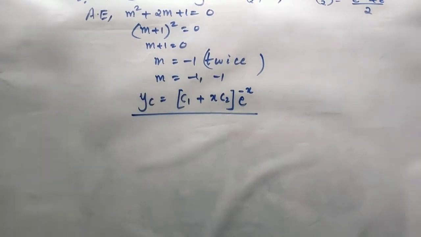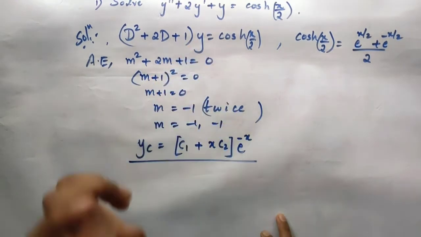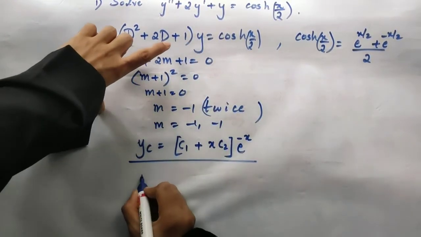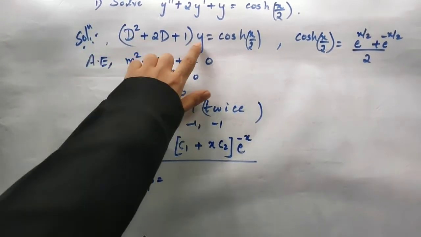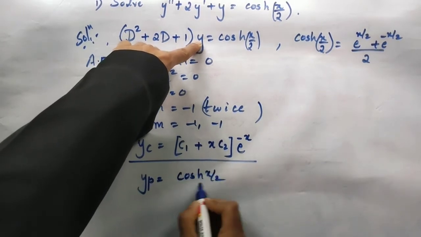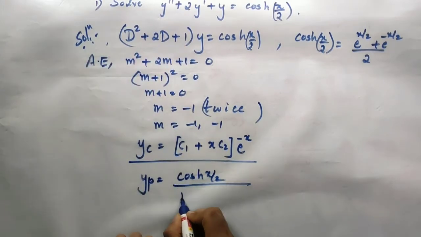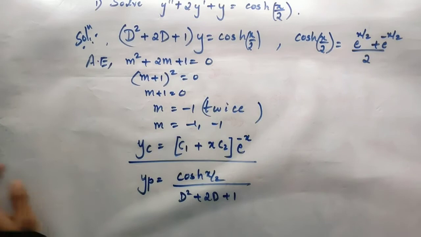To write yp, I told you a number of times, you look at this equation and separate your y from it. The particular integral yp is equal to cos hyperbolic x by 2 divided by this complete bracket, that is D square plus 2D plus 1.